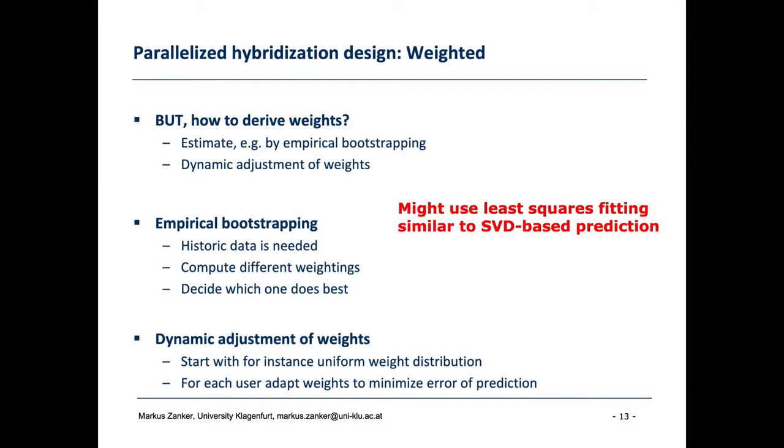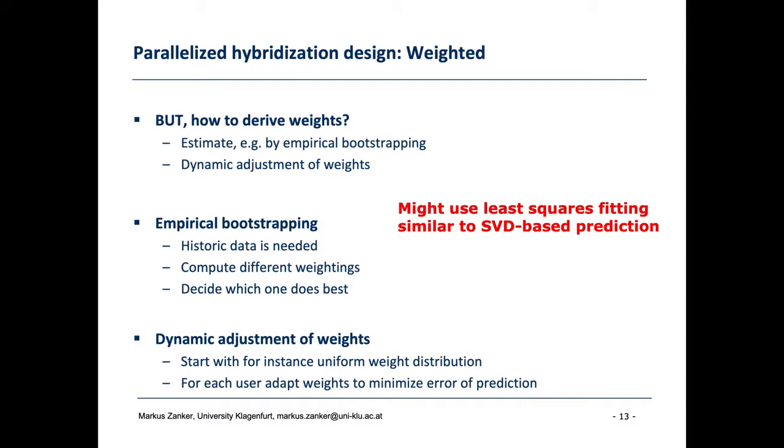What we might do is to use some kind of least squares fit, similar to SVD prediction, where what we do is compute the value of weightings for a model based upon how accurately that latent model, with a subset of the dimensions which are predicted, will actually give me the best result.